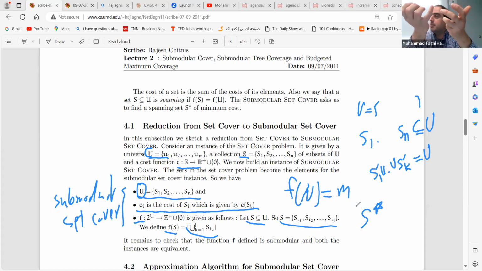Because some of these elements might already be covered, since the larger set probably covered more. So if you add a set to the larger set, in terms of the size of the union, you will add less, or the same. That's why it is submodular.